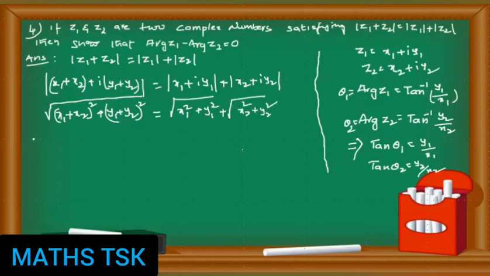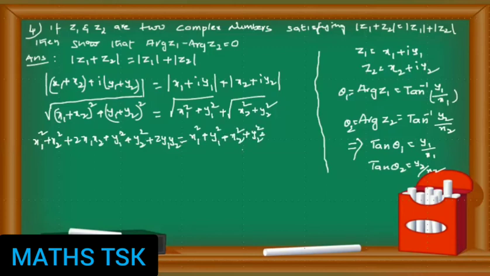Squaring on both sides, x1 square plus x2 square plus 2x1x2 plus y1 square plus y2 square plus 2y1y2 is equal to x1 square plus y1 square plus x2 square plus y2 square plus 2 into root of x1 square plus y1 square, root of x2 square plus y2 square.